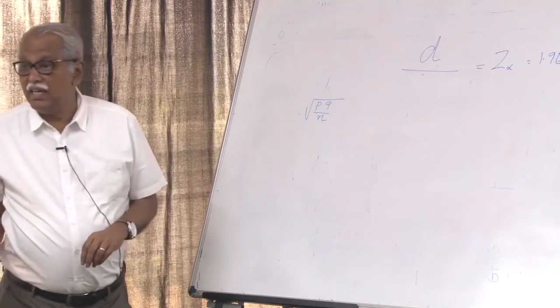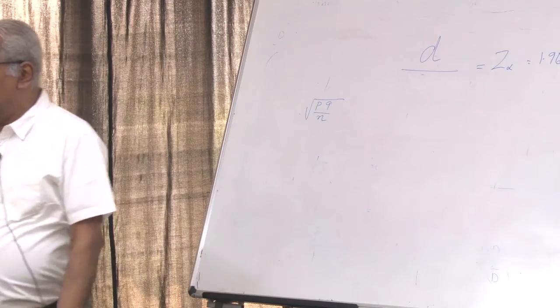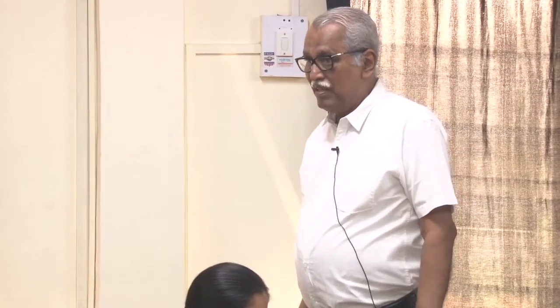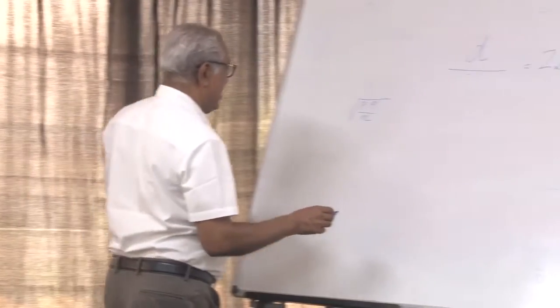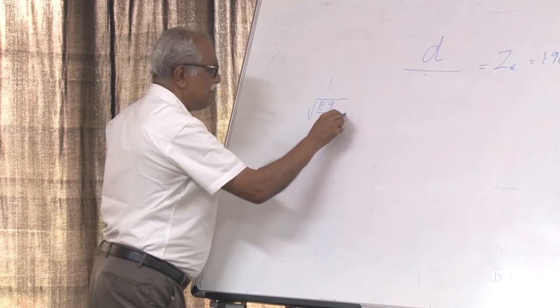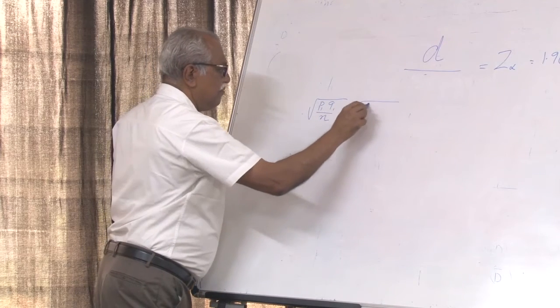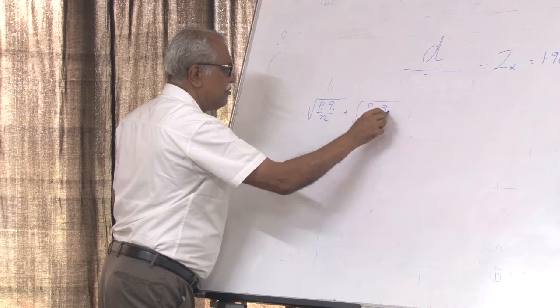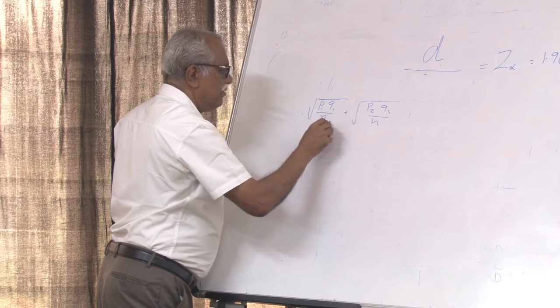But here, there are two groups, P1 and P2, two outcomes. So what happens? We have got to accommodate both of them. P1, Q1 plus P2, Q2 divided by N.